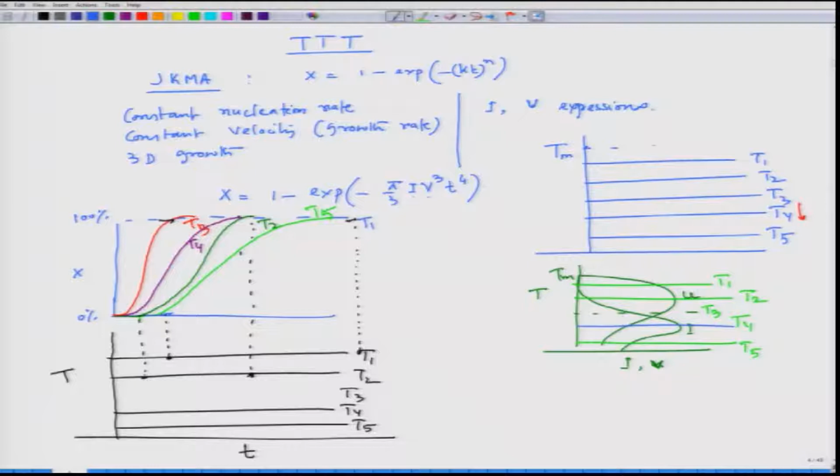So, this is T1, let us say. Now, T2 we have taken the right one, T3 we have to take it down. So, this was T3, and the T3 plot is this one, okay.